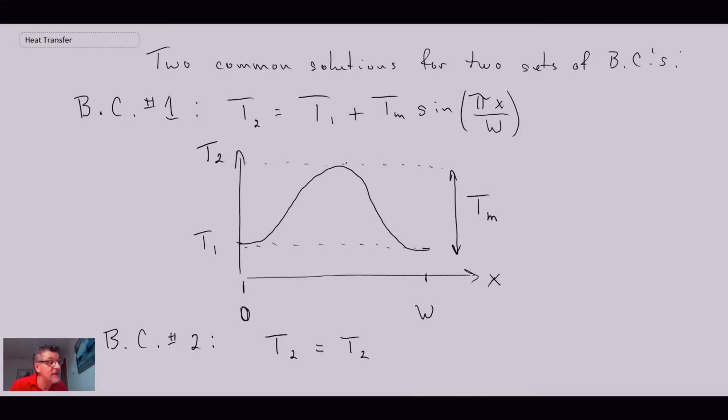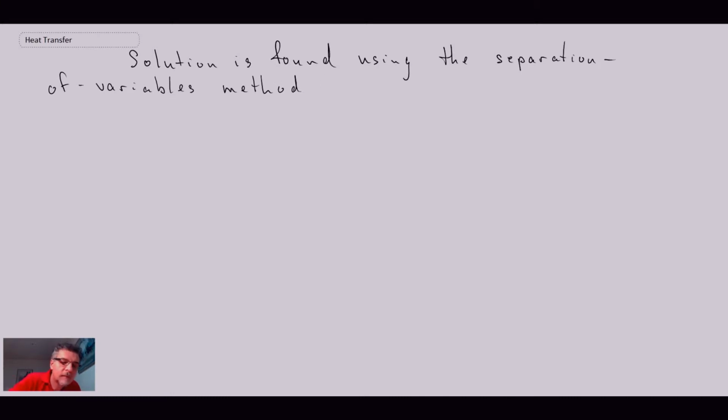Now, as I mentioned, I'm not going to go into the details of how you solve this. You use a technique called separation of variables, but I will give you the solution. And like I said, if you go into any undergraduate heat transfer book, chances are you'll find the solution to this problem in it.